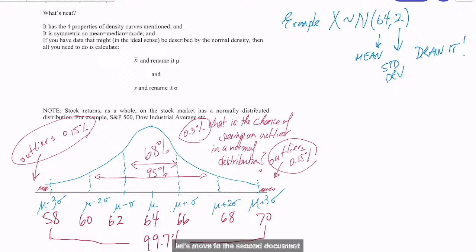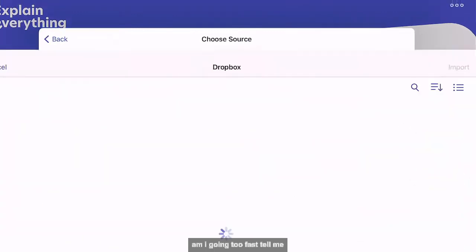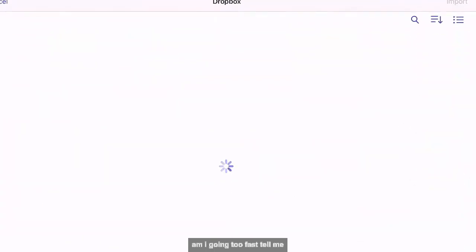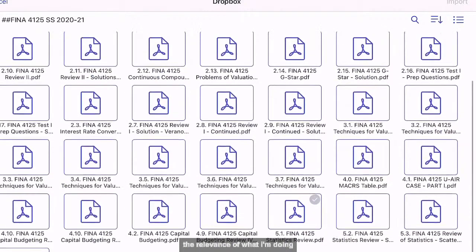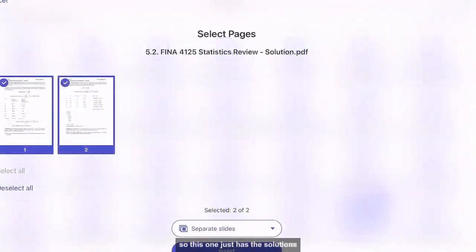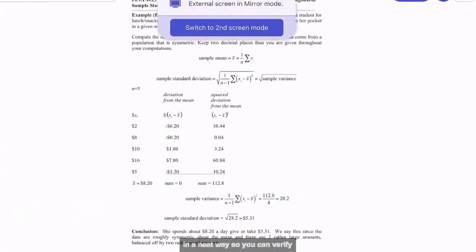All right, let's move to the second document. 5.2 has the solutions to this one. Am I going too fast? Tell me. We're going to apply this so you'll see the relevance of what I'm doing. So this one just has the solutions written out in a neat way so you can verify what I did in the video.